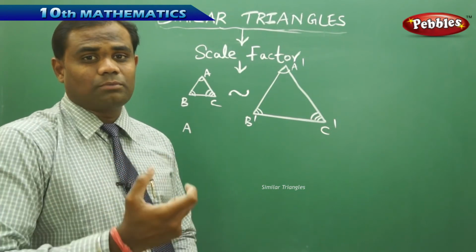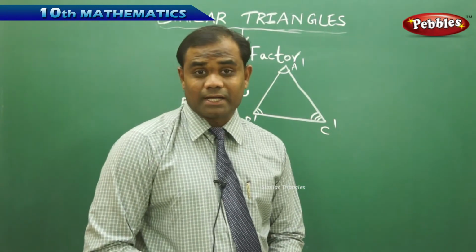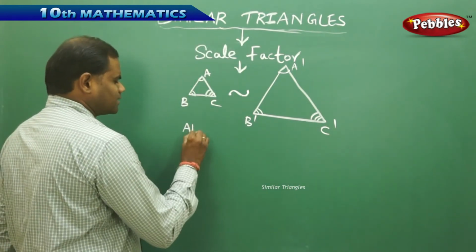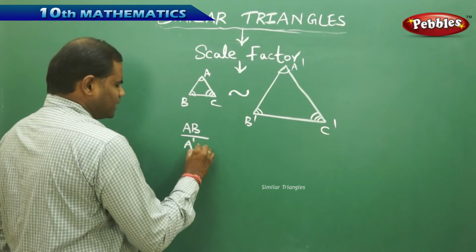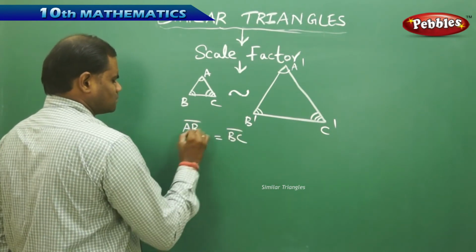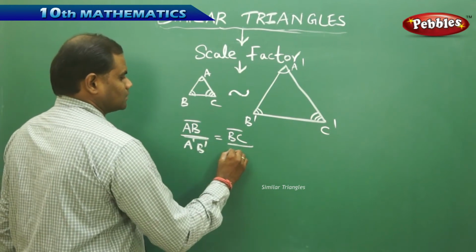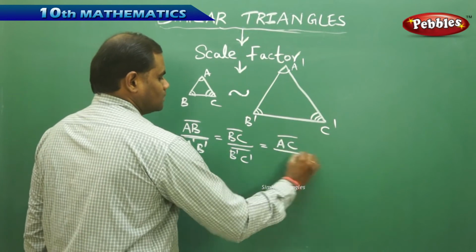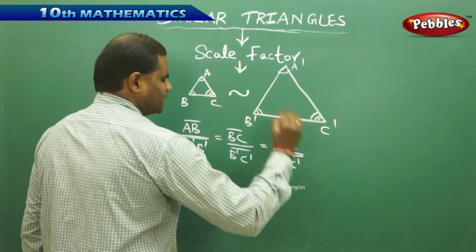Now coming to the second property of similarity, the corresponding sides are in the same ratio. Therefore, considering the corresponding sides, AB by A dash B dash will be equal to BC by B dash C dash, and AC by A dash C dash.